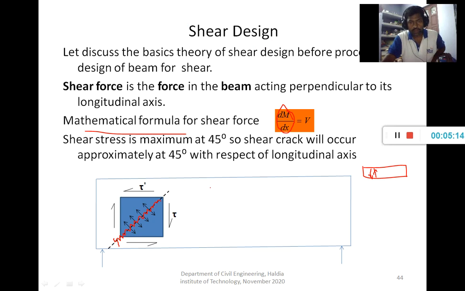So the sections we have used and the reinforcement we provide must be able to resist shear forces, because due to transverse load the shear force is developed, so it should resist the shear forces. You have to ensure the shear capacity is adequate.